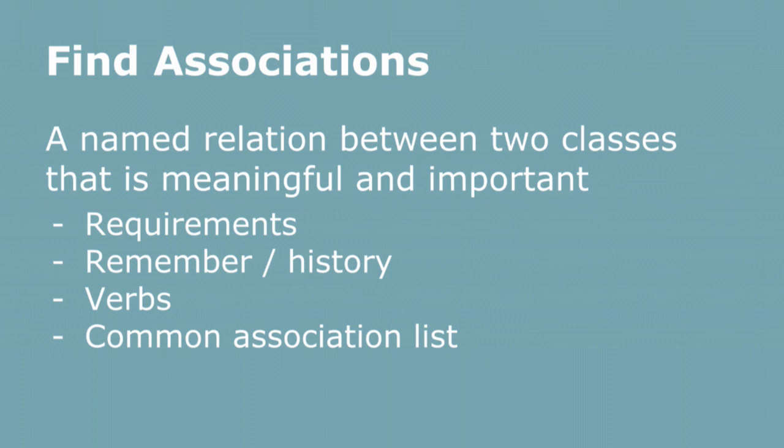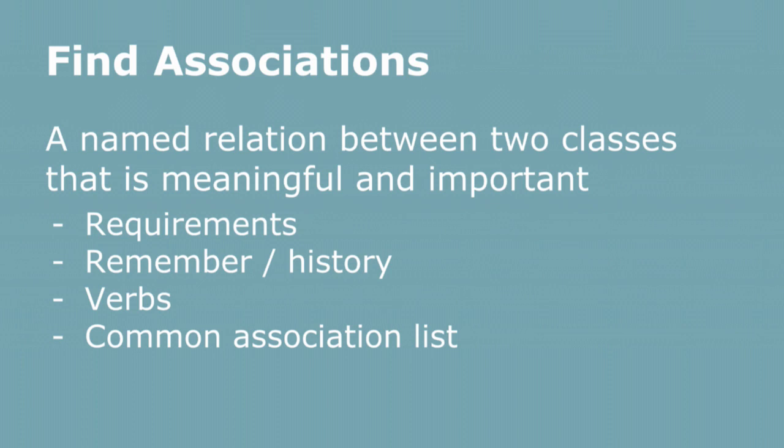We need to prune this to really find the associations that are important enough to show visually in our domain model. Typically, this means that there is some form of information we need to remember for a period of time. For example, that the student attends a number of courses. It's something that we need to remember to fulfill not just this requirement, but possibly other requirements too. It is not something that just is done and then forgotten about.